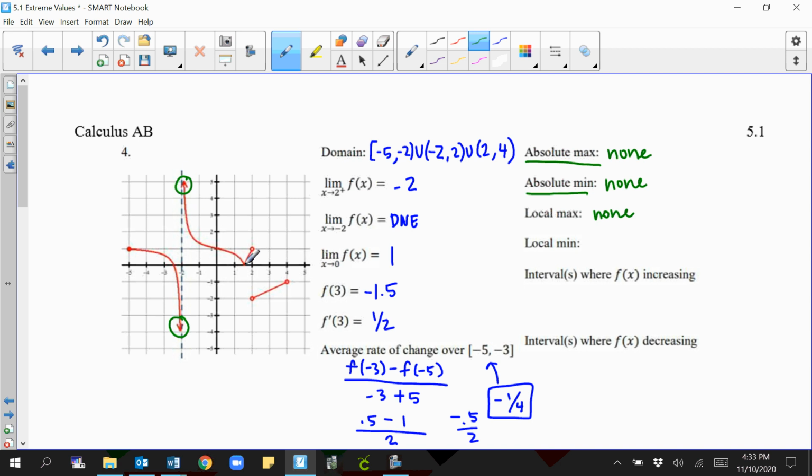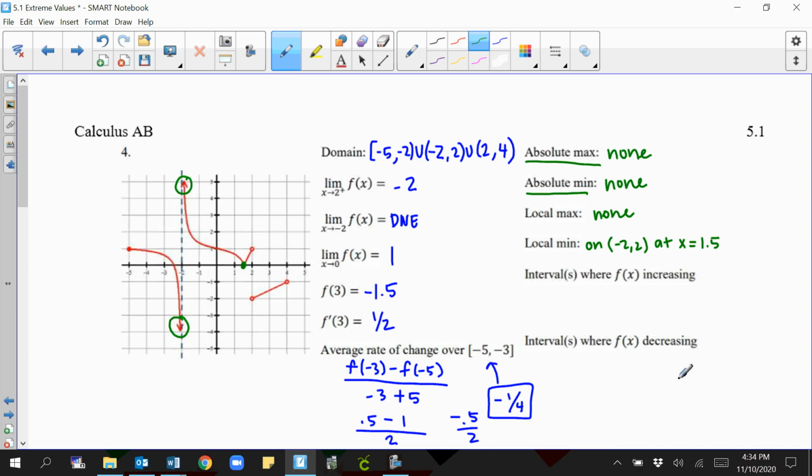But in this interval, I've got a local minimum right here. So I'm going to say that I have a local minimum on the interval, and let's just do this little segment, from -2 to 2, I have a local min at x is equal to 1.5.